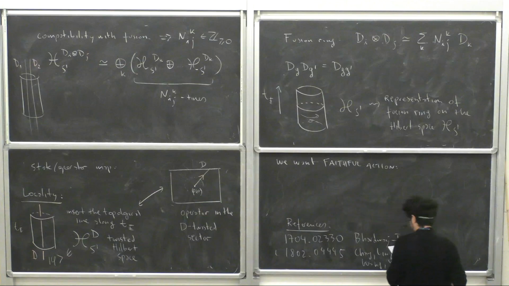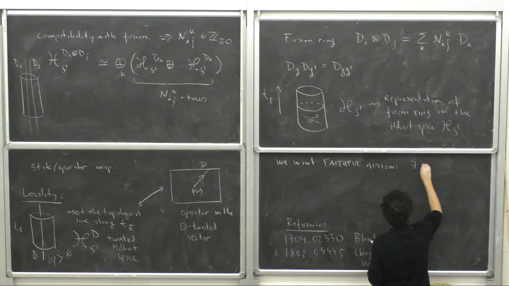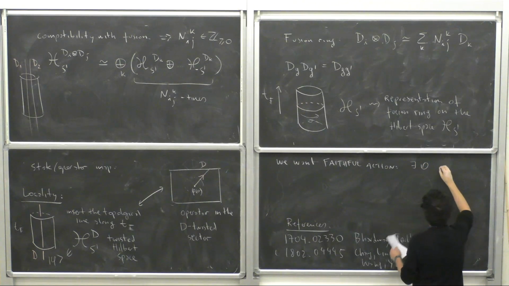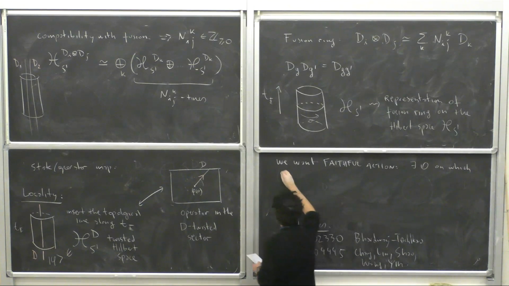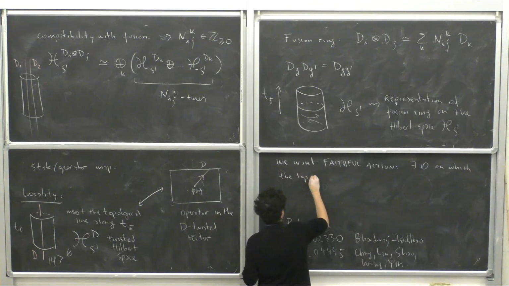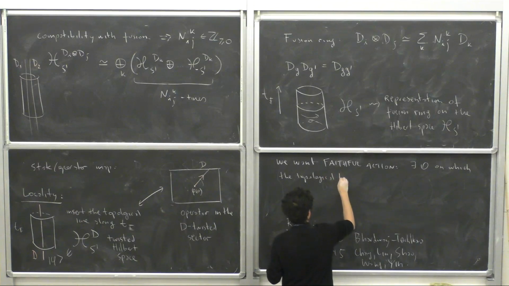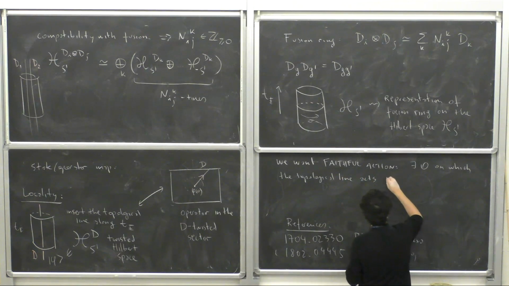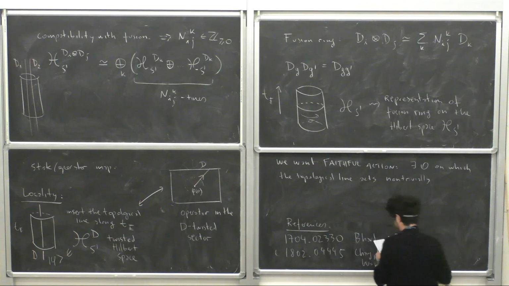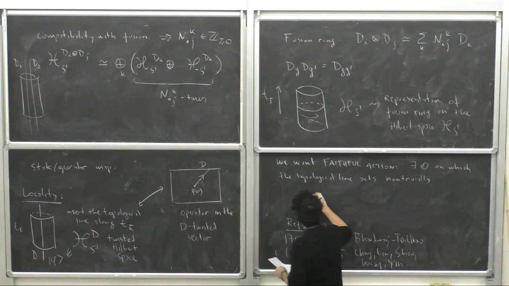Does it mean that the action is faithful? It means that there is at least an operator on which the topological line acts non-trivially. No? So something like this. No?